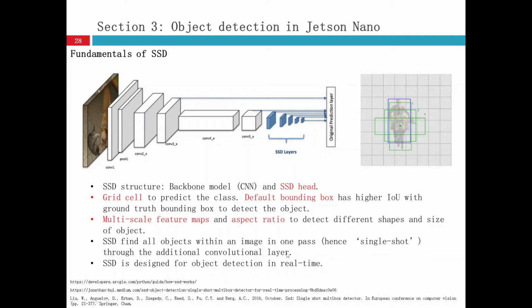Hence, it's called single shot. And SSD is designed for object detection in real time. Mask RCNN is more time consuming and runs for a long time, but the SSD can do it in real time.